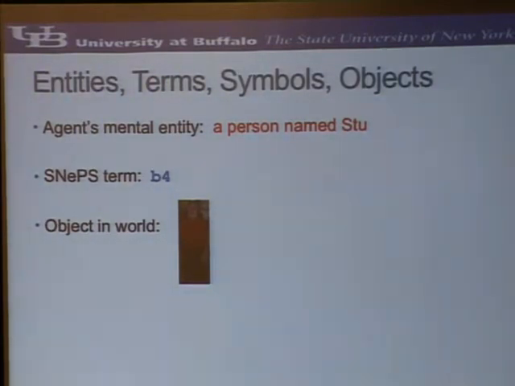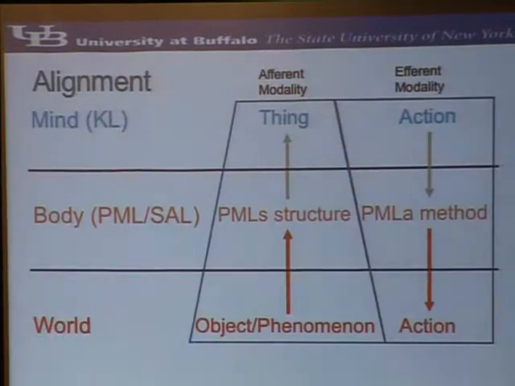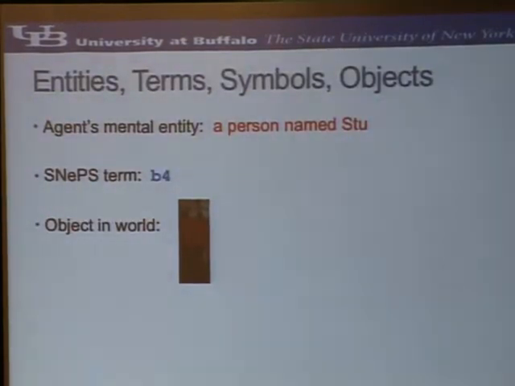Now, a slightly different topic. We need to discuss these three kinds of things: objects in the world, such as us, terms represented in SNePS in the knowledge layer, like B4, and then the issue of what those terms denote. And the standard answer, which doesn't always work, is that these denote these.